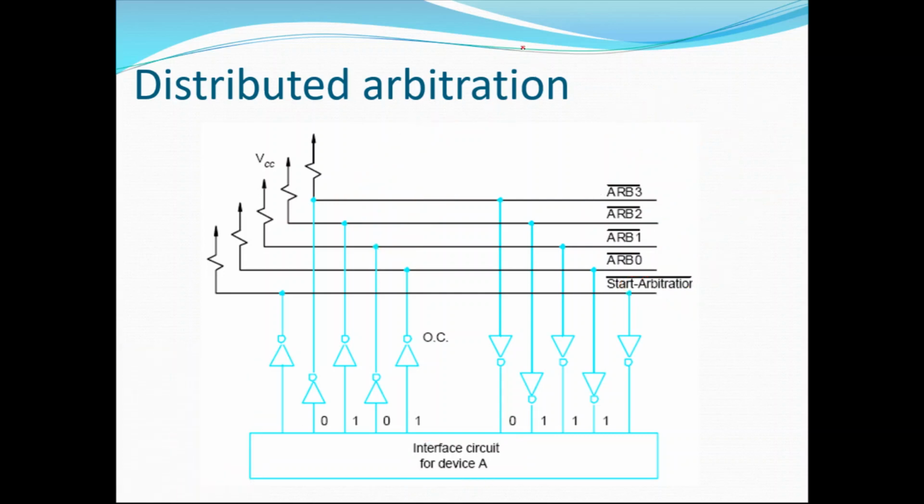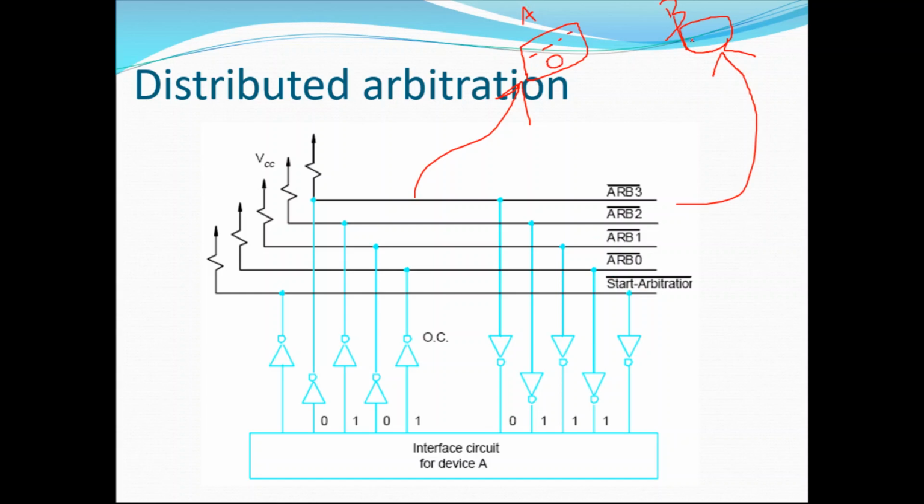Now there are two devices competing for the bus: device A and device B. Each has this entire circuit in it. Device A will generate the 4-bit number and keep it in its circuit, RB3, RB2, RB1 and RB0, and it will set start arbiter to 0.